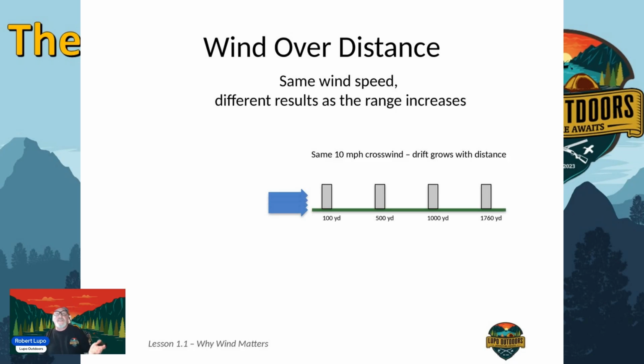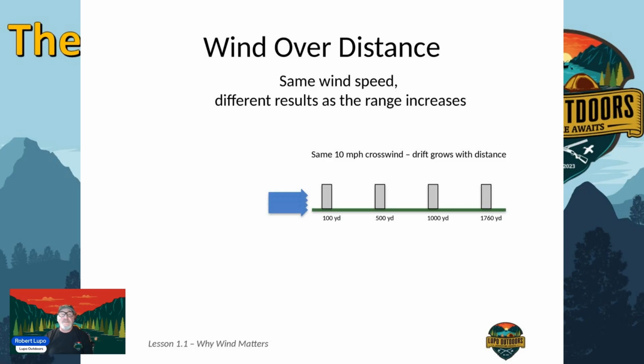Let's take a look at this diagram here. We've got the same shooter, same rifle, same ammo, and the same steady 10-mile-per-hour crosswind blowing across the range. At 100 yards, you might only see the bullet move maybe an inch, if that. Not a huge deal. But at 500 yards, that same wind has much more time to push that bullet, and now the drift is bigger.